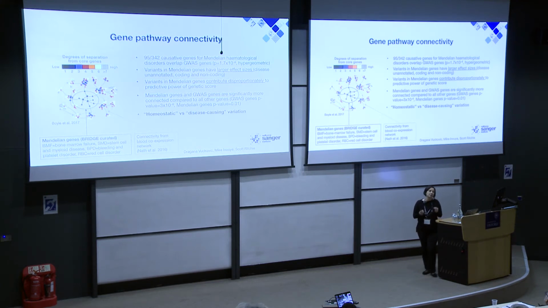So this really bears the possibility that there are two classes of genes, or indeed classes of variants: one that performs a homeostatic function, if you want, in regulating blood cell counts in health, and the other that causes variation. One corollary is that it is possible that hidden between our associations, there are variants that are not directly disease-causing, but modify disease phenotypes.